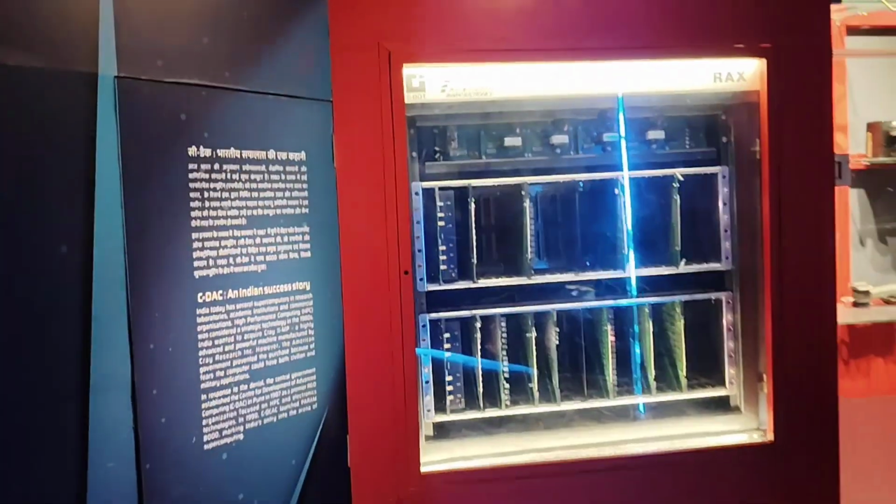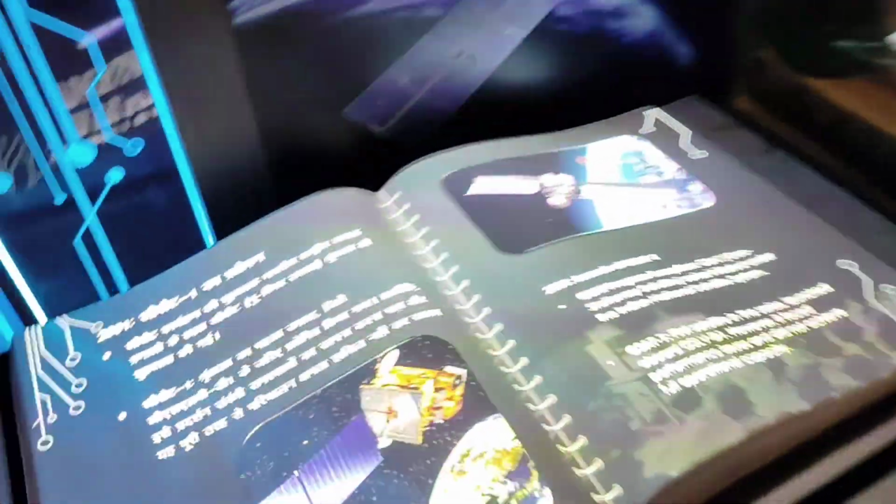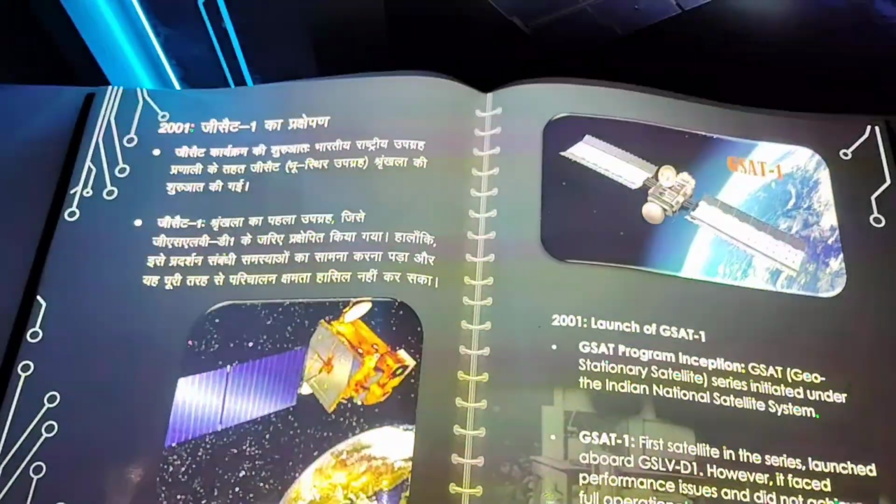So now I'm going to show you the challenges of India in communication and how we tackle them one by one. We have always provided the best facilities to our nation and we always strive to unite all types of people. See how technology is playing a role in developing India.